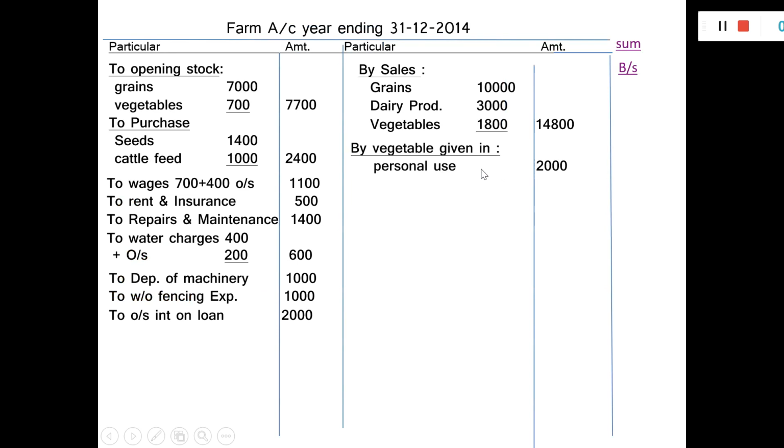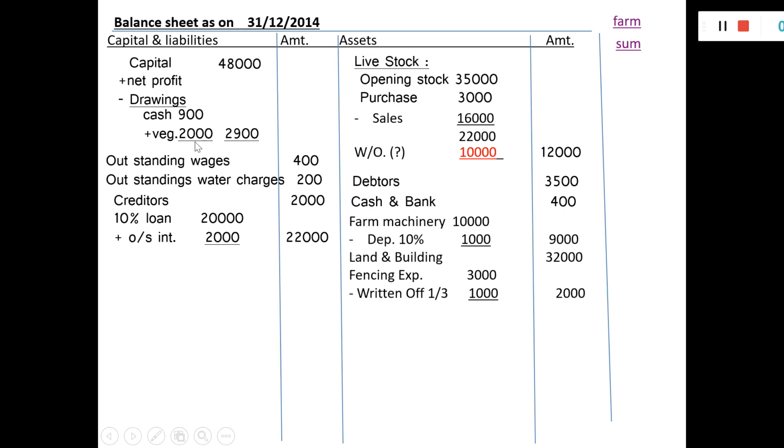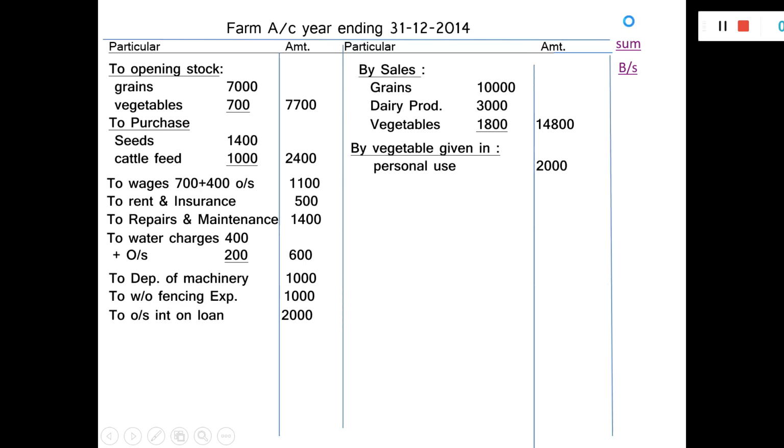So that effect we have given already as drawings in the balance sheet, rupees 2000. So second effect will be given in the farm accounts, that vegetables will be taken for the personal use.